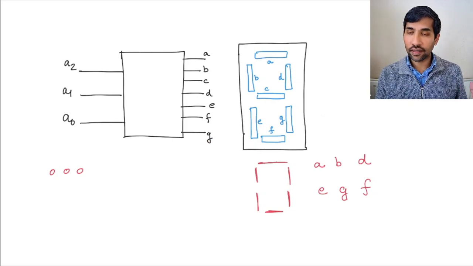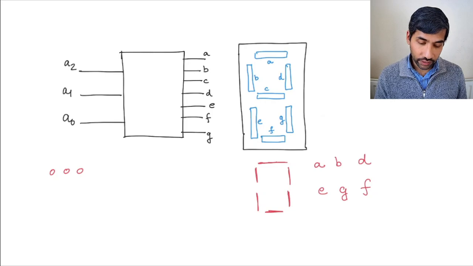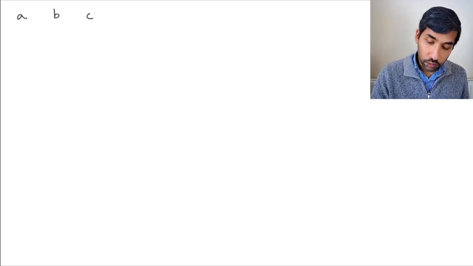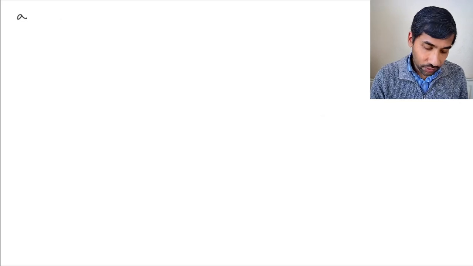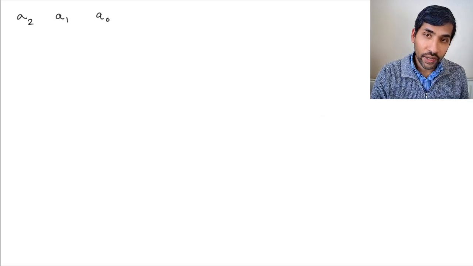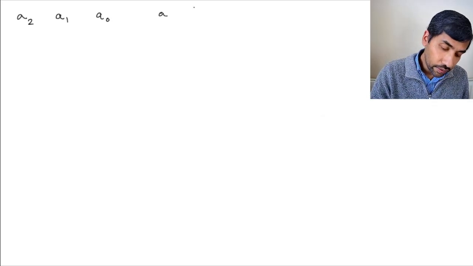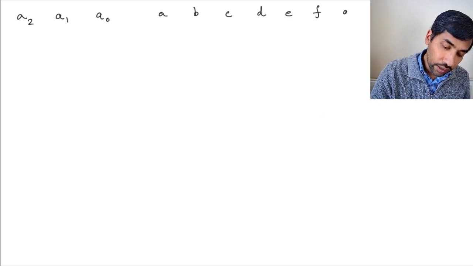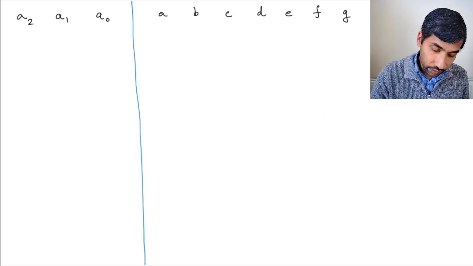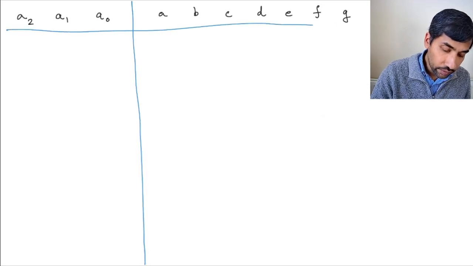So we'll have to make a truth table, and let's write the truth table here. Your inputs are A2, A1 and A0, right? And your outputs are A, B, C, D, E, F and G. Let's divide this so that we can get everything here.